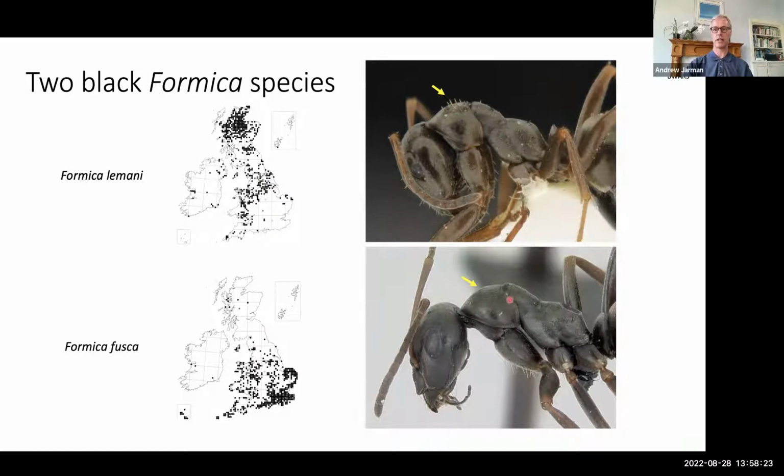Luckily, they're quite easy to tell apart with a lens, even in the field, because the lemani has these standing hairs on the front part of its mesosoma, which are completely absent from fusca. So again, you have to be a little bit careful with the lighting, and sometimes these can be rubbed off in an older ant, so you'd have to check several specimens. But you can generally do this in the field.